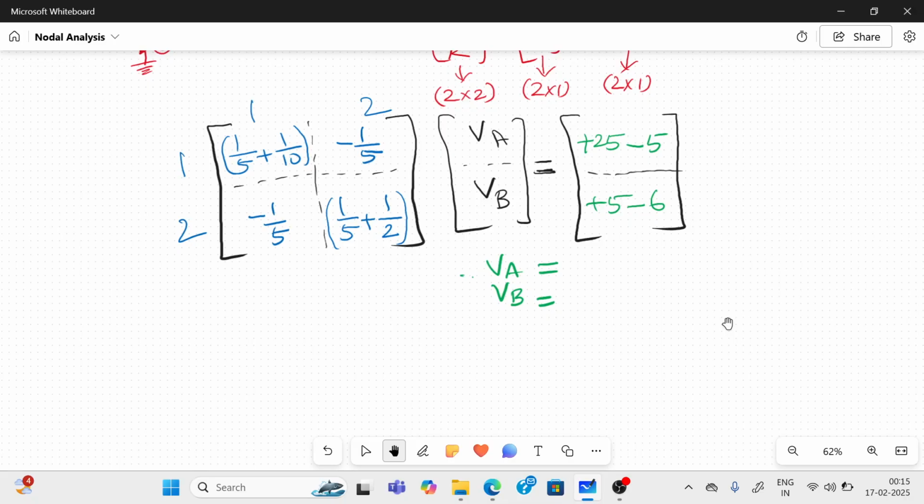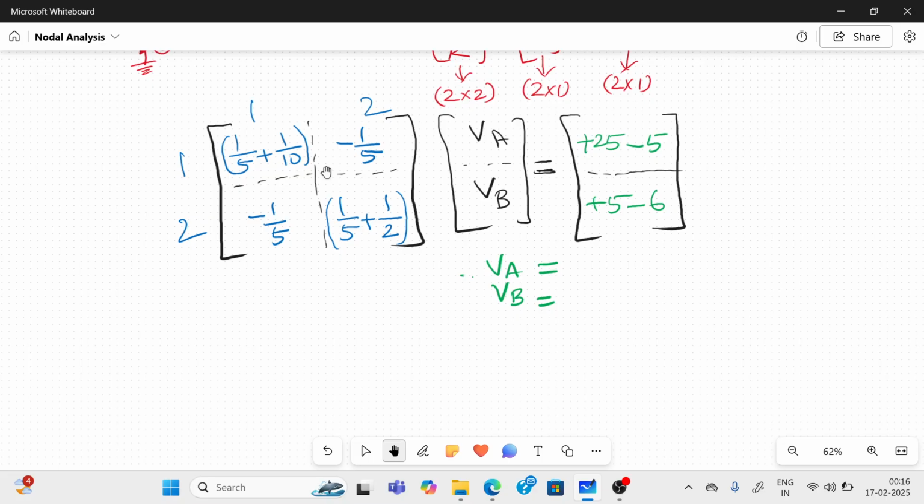5 inverse plus 10 inverse for the first diagonal, then minus 5 inverse, then 25 minus 5. So type into your calculator directly. Okay, then minus 5 inverse plus 2 inverse, then finally 5 minus 6.